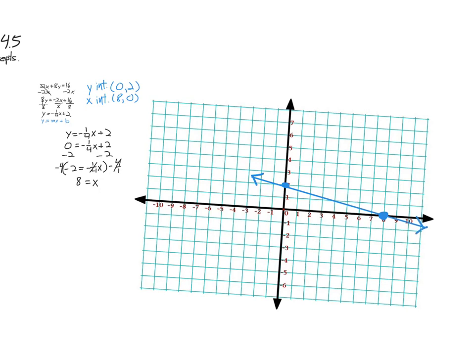What am I missing from my graph? Well, I have to label my points. This is 8, 0. This is 0, 2. And I need to label my line with my original equation. My original equation was 2x plus 8y equals 16.